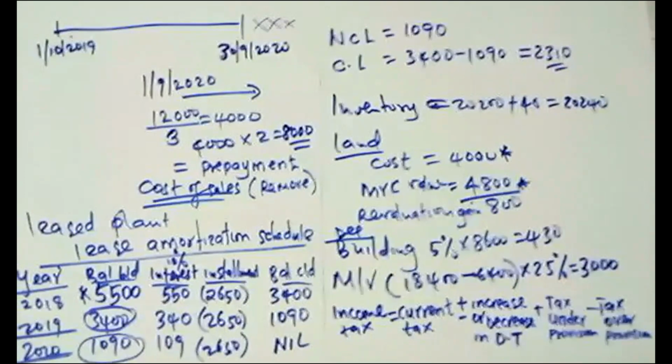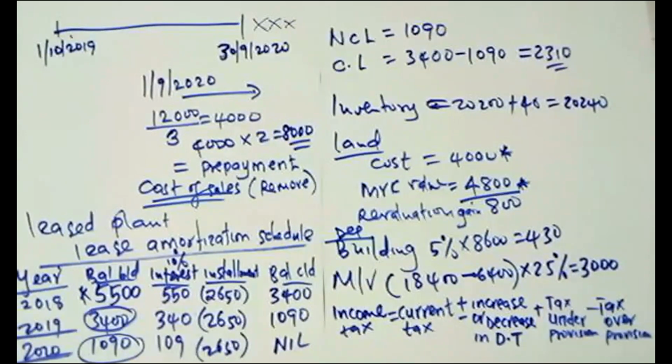Incomes are debited or credited? Credited. So an under provision is an expense, which would be debited. So once you are told that the current tax in the trial balance represents over or under, you just check whether it is on the credit side or the debit side. If it is on the debit side, it is an under provision. If it is on the credit side, it is an over provision.